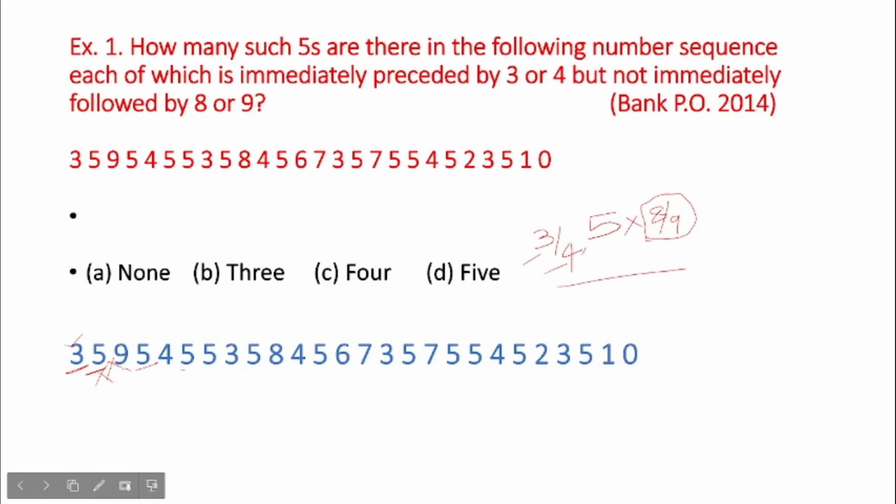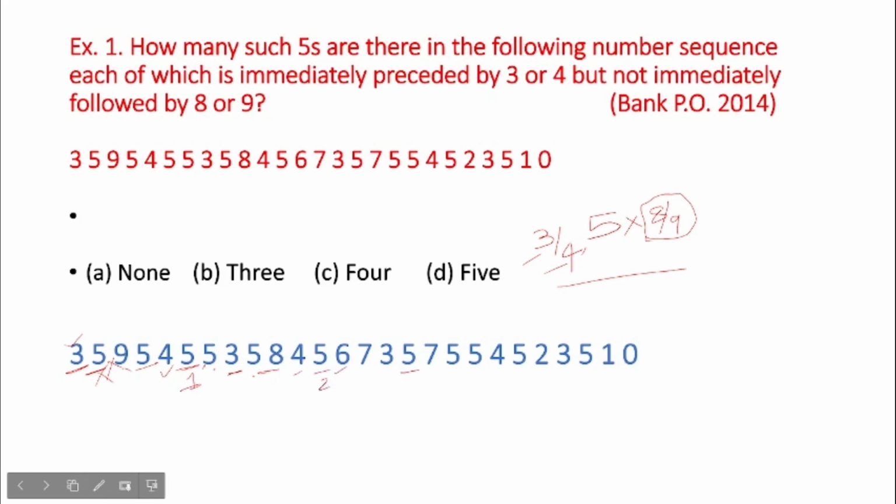Again we have a 5 here which is preceded by 4 and not followed by 8 or 9, so this one counts as 1. And again we have a 5 here which is not preceded by 3 or 4. Again we have a 5 here which is preceded by 3 but followed by 8. We have a 5 here which is preceded by 4 and not followed by 8 or 9.